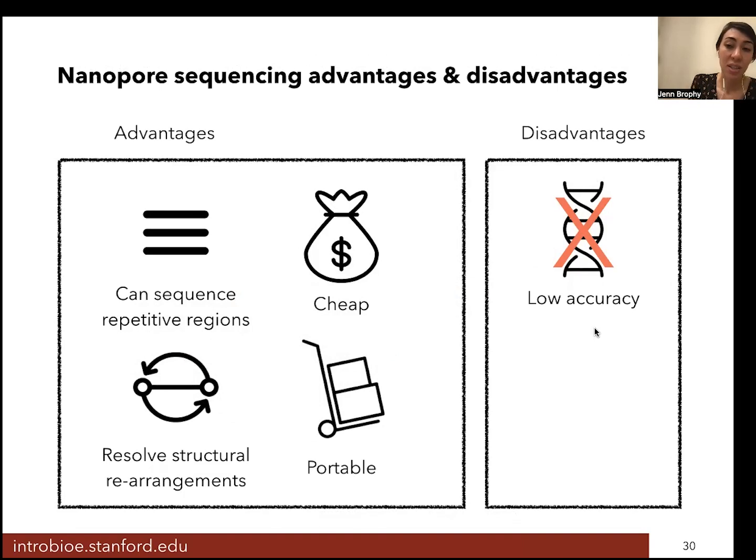And so you are subject to potentially more mistakes in your sequencing. But if you have many copies of the same piece of DNA and they're all going through different pores, any one pore may have a problem getting a really accurate sequence read. But when you combine them all together, you should be able to get something that's pretty high fidelity.